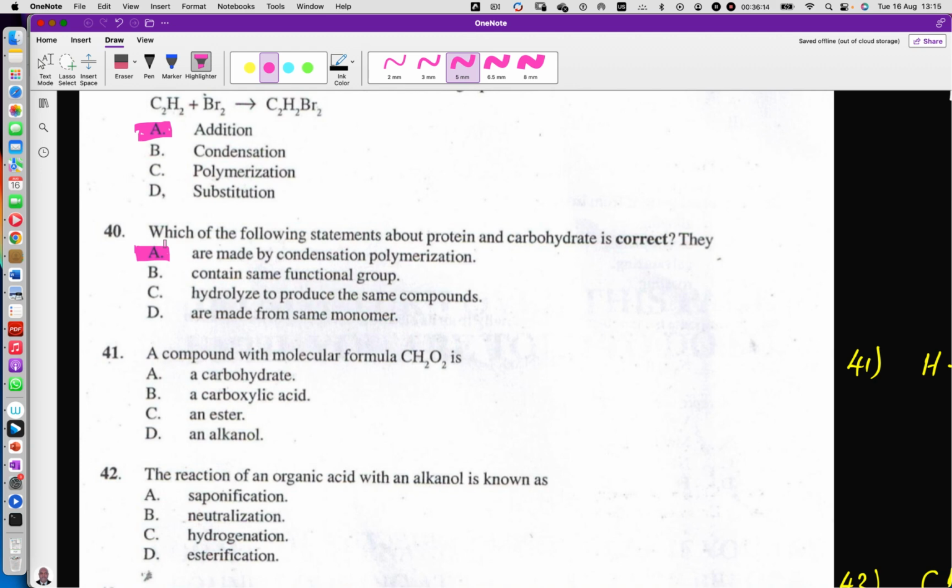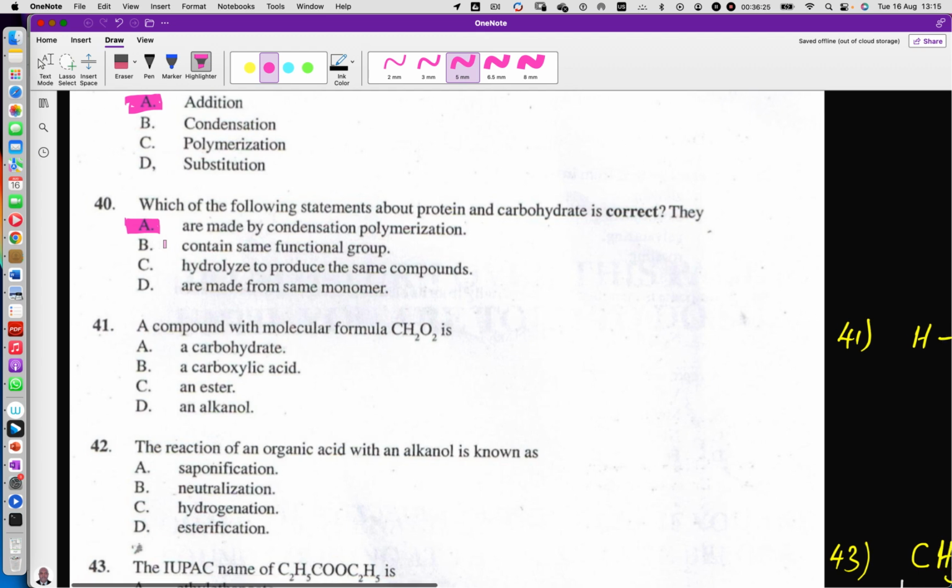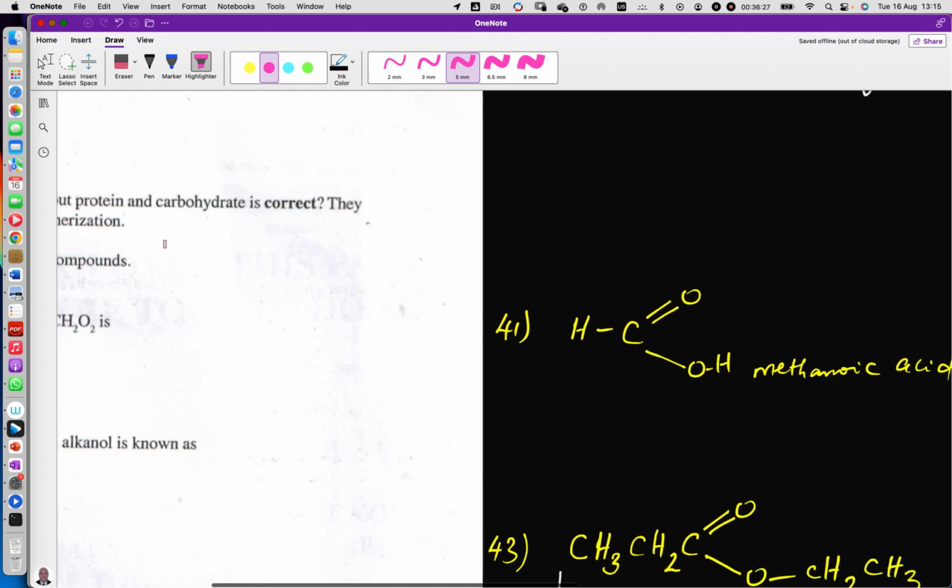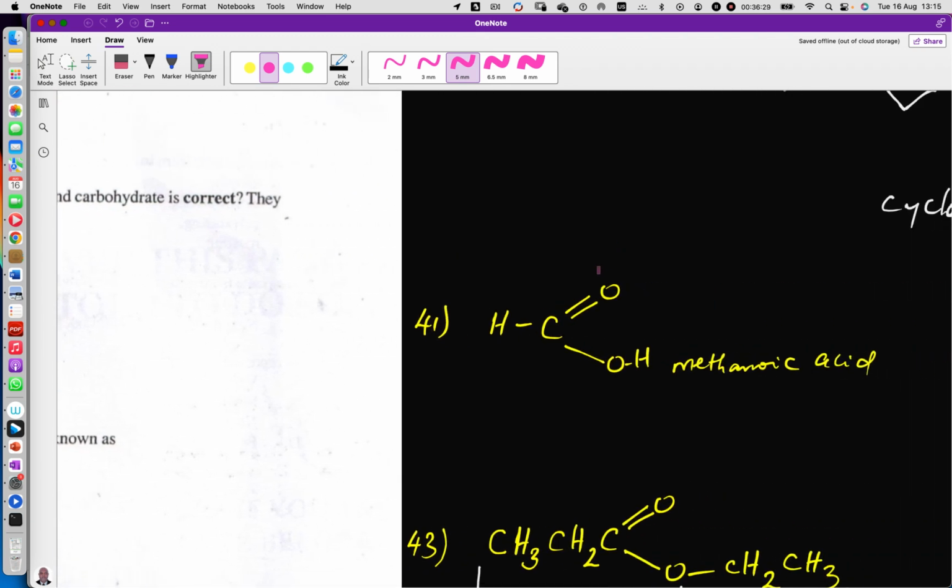41. A compound with molecular formula CH2O2 is a what? Let's first write the molecular formula. You see this hydrogen, single bond carbon, double bond oxygen, OH.